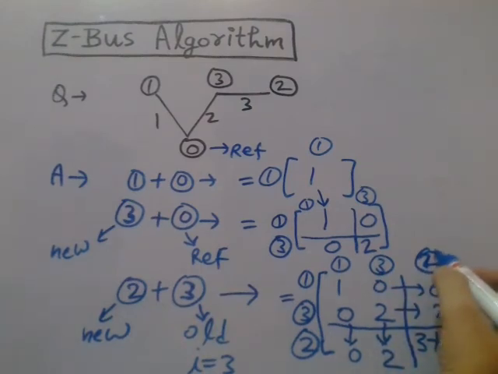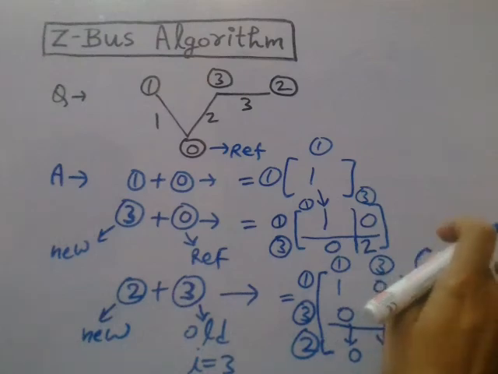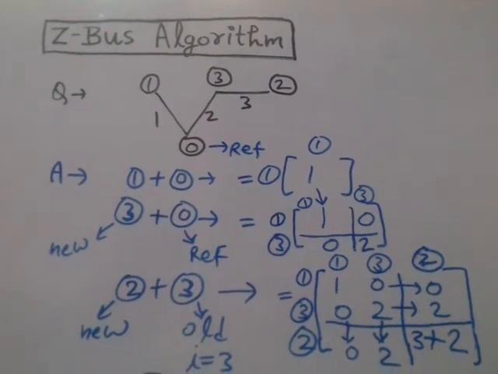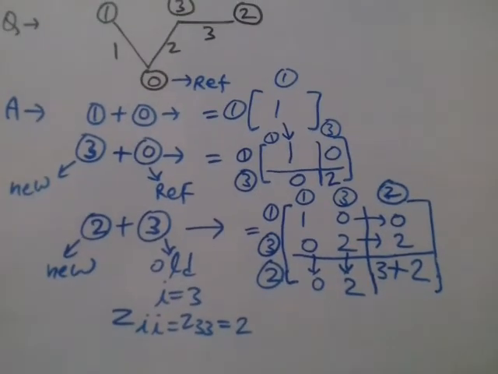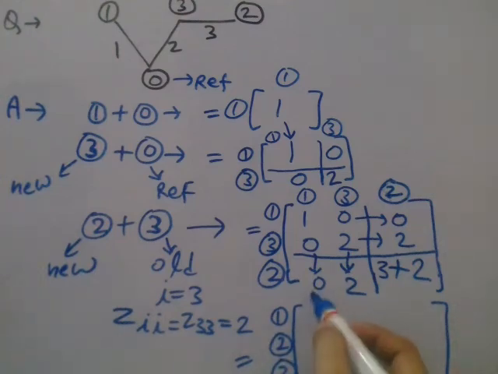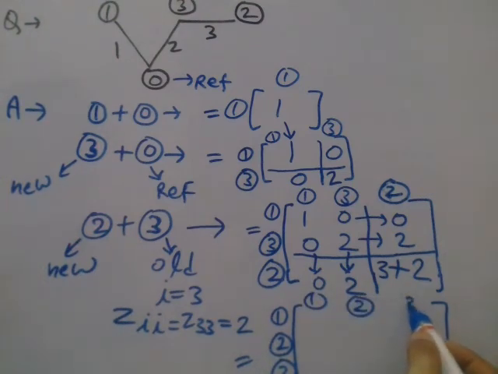So likewise you have completed this Zbus matrix algorithm. You can also write this in a simplified manner. The simplified matrix you can write like this: node number 1 2 and 3, node number 1 2 and 3.